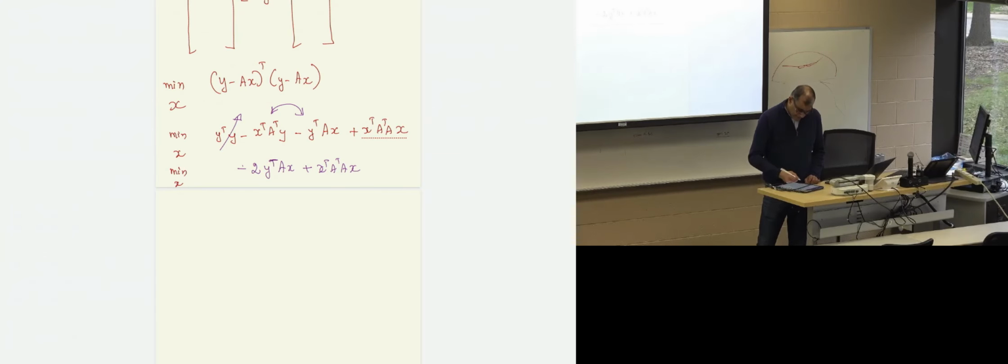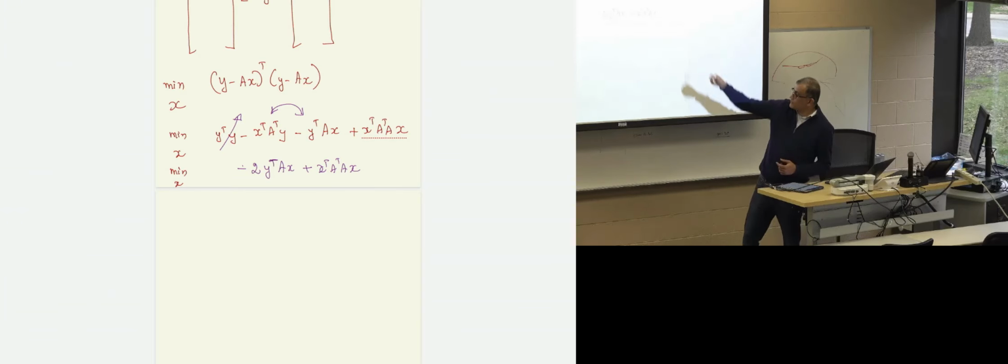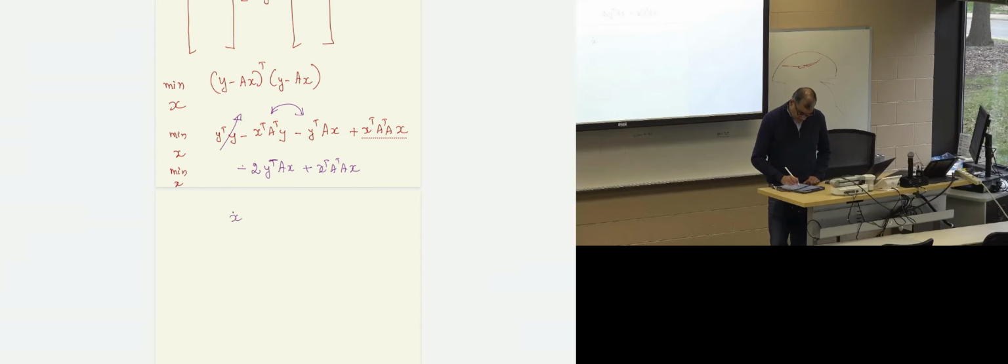Setting the first order conditions gives you x hat equal to (A transpose A) inverse A transpose y.